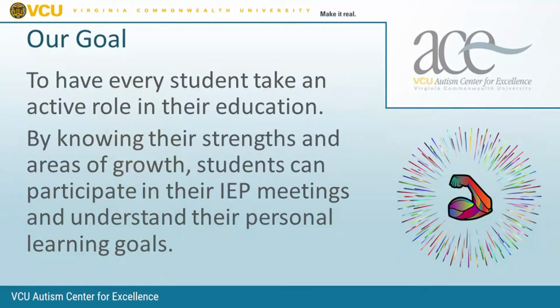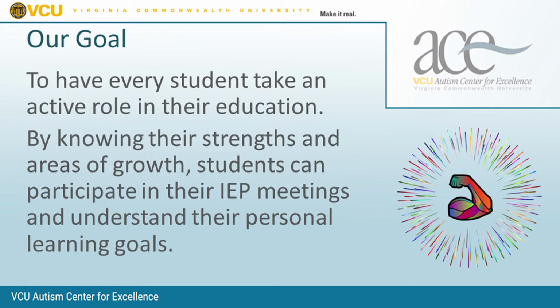And we're better together. We are both fourth grade general education teachers, and we teach in an inclusion co-taught classroom. Our goal for our students throughout the year is to have every student take an active role in their education.